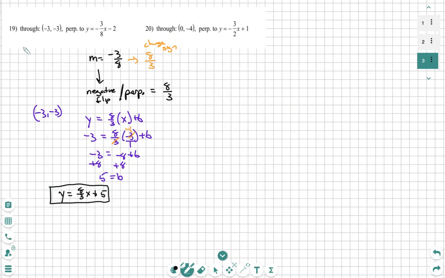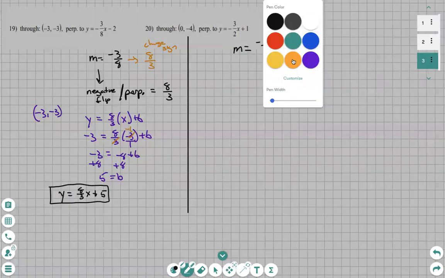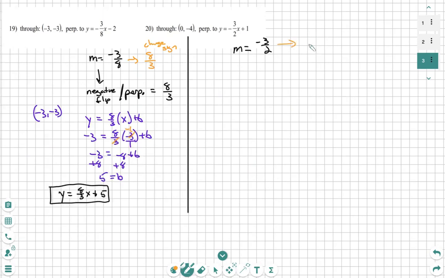Let's do one more. Put a line in between. First and foremost, m equals -3/2, but I want the perpendicular slope, which is going to be 2/3.